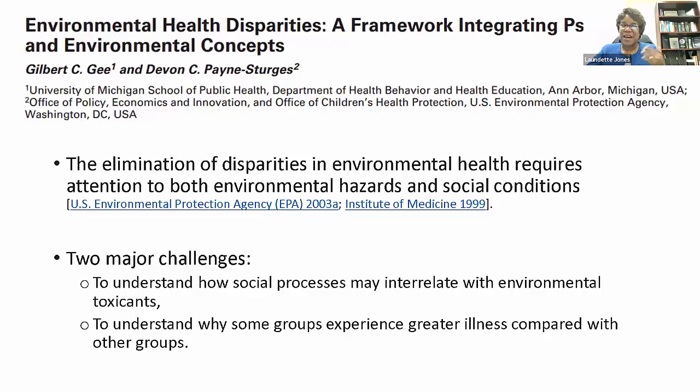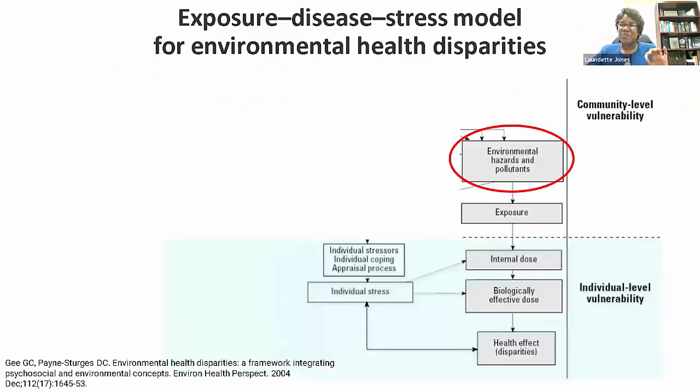I just wanted to pull out one of the diagrams from this paper, and it might be a little mind-bending for some, but I'm going to try to walk you through it in a way that can hopefully drive home the point of how these social factors and environmental factors can blend together.